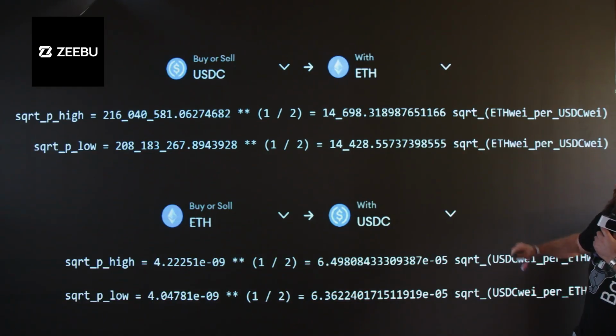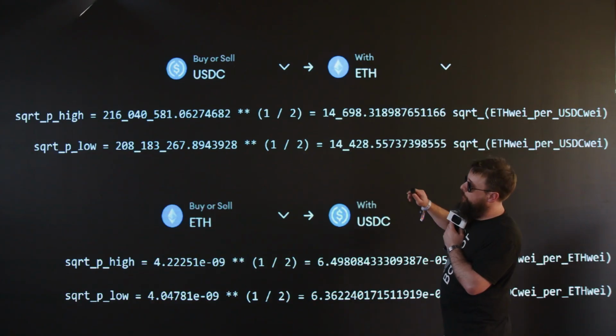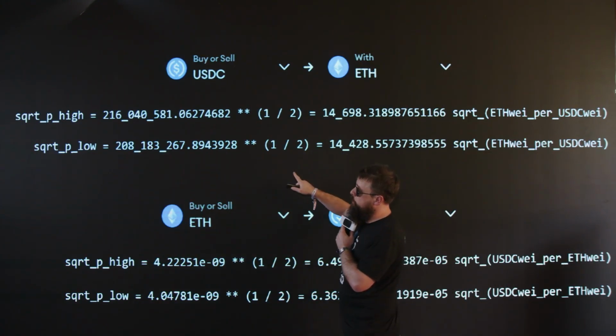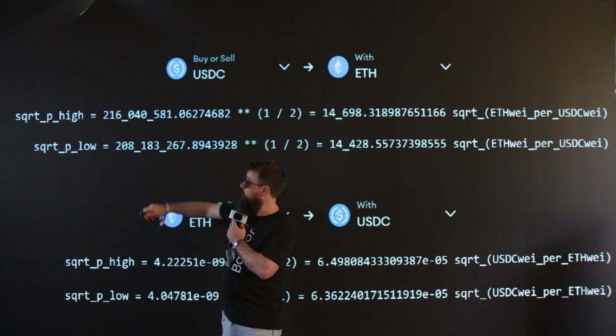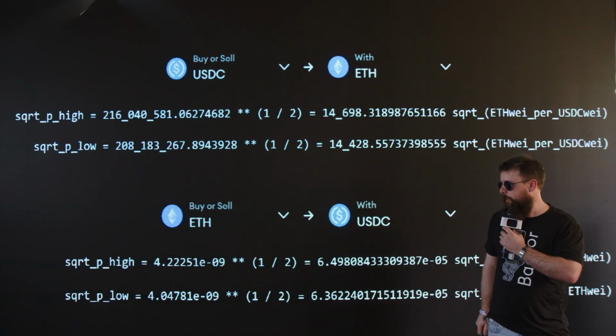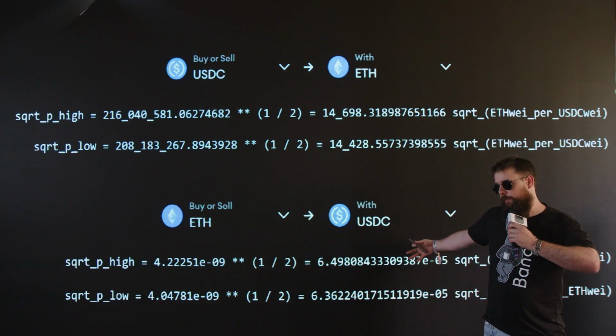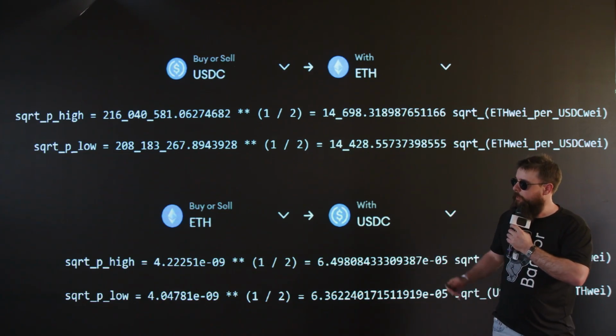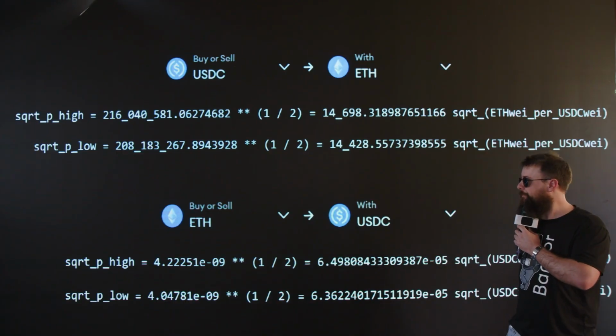Now, one of the things that's really nice about taking the square root of something is it gets much smaller. So over here we were taking a price of about 208 million, but after taking the square root, it's already down to about 14,000, which is very helpful because the number that we need to store in the smart contract is significantly smaller.